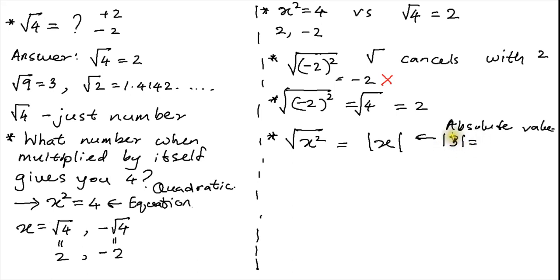That's positive 3. Meaning you forget the sign, you simply give out the positive value of that number. What about the absolute value of negative 3? It's negative, but you still give out 3. It always makes things positive.